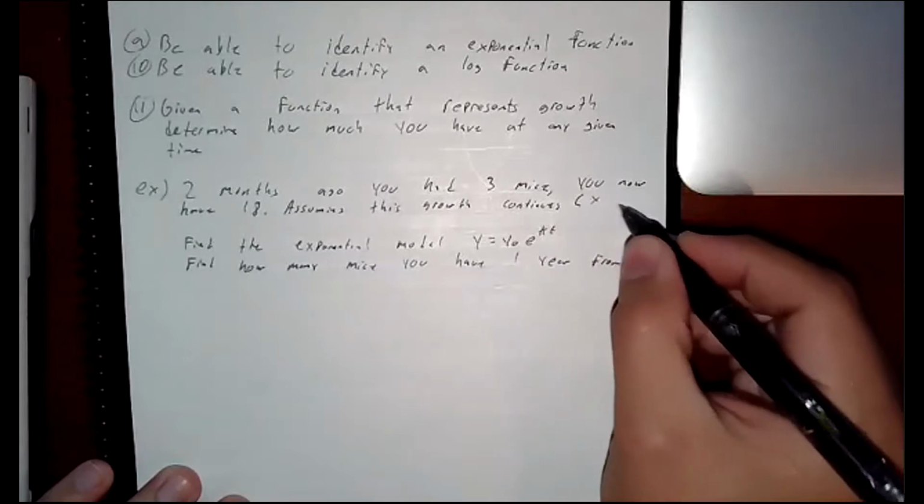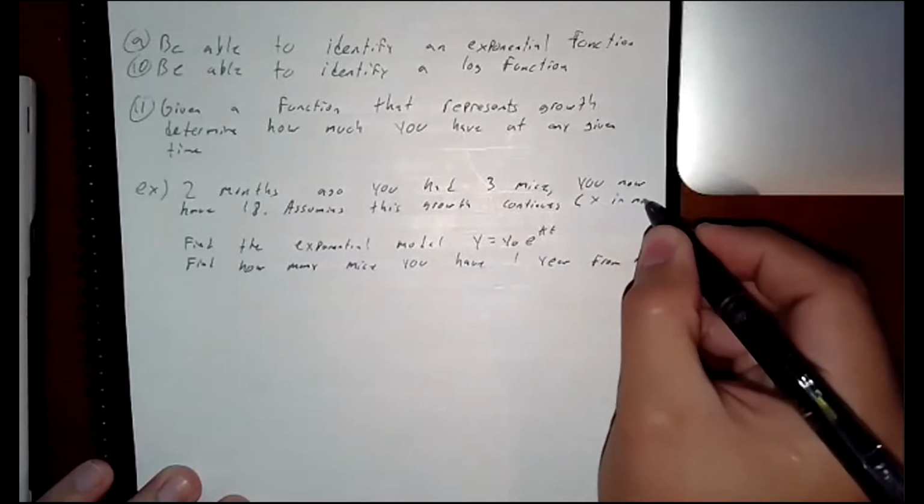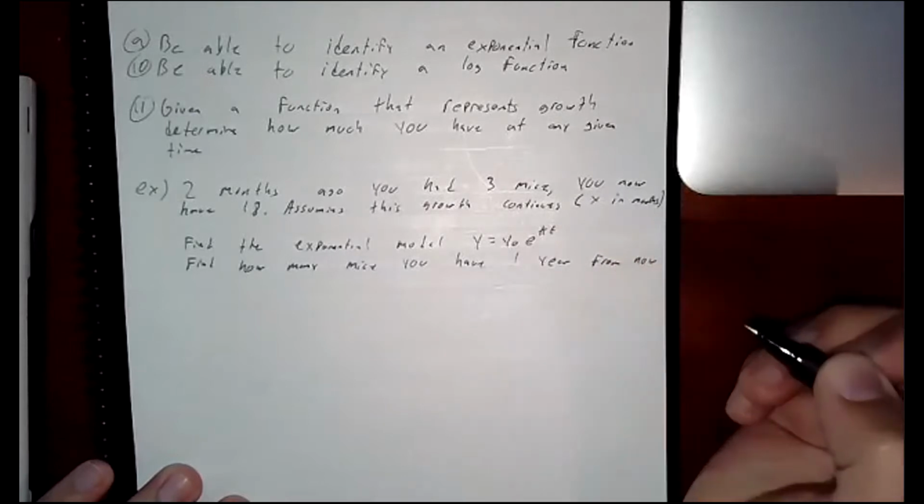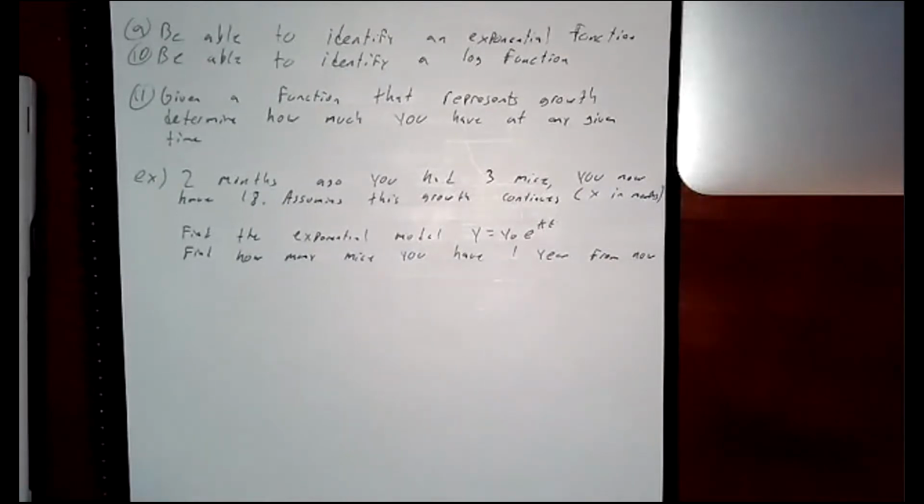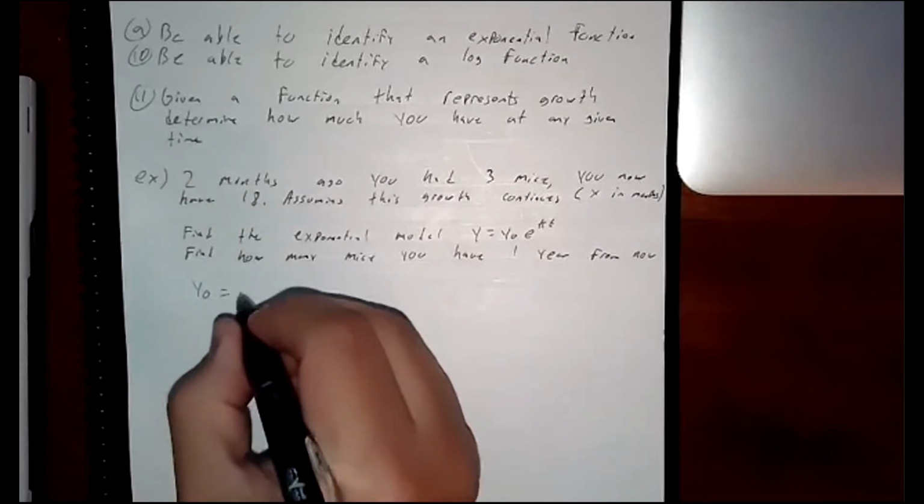x, we'll say, is in months. Okay? They have to tell you. Otherwise, yeah, it'd be weird. So we initially started with 3 mice. So y naught is going to be 3.